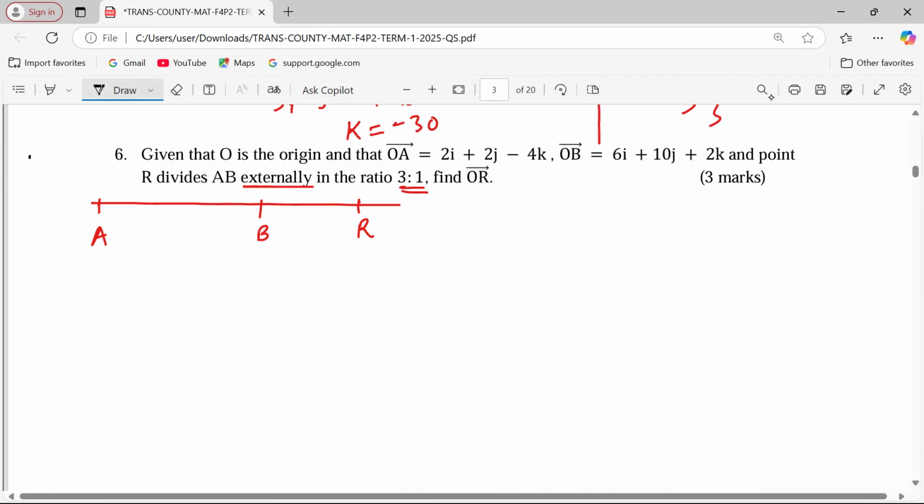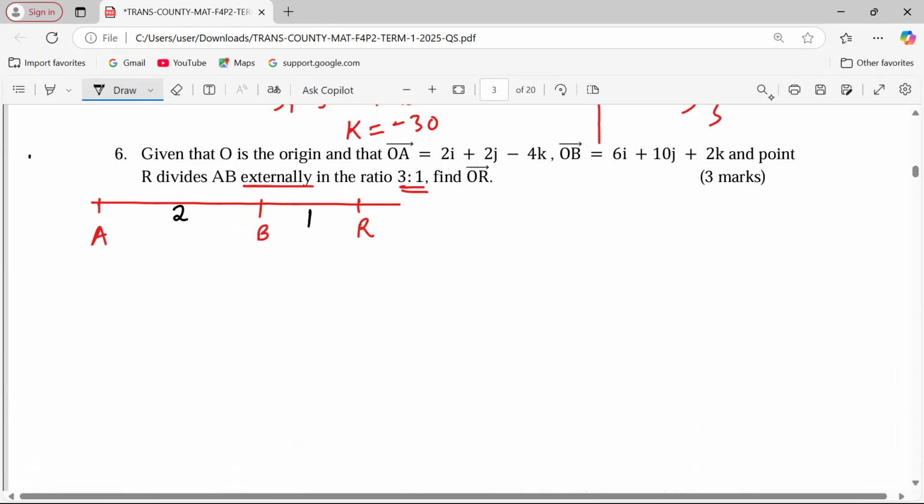Then from R back to where B is, we have 1 proportion. That is what it means by 3:1 externally. From A to R, 3 proportions, and from R back to B, 1 proportion. Because from A to R there were 3 proportions, it means we now remain with 2.